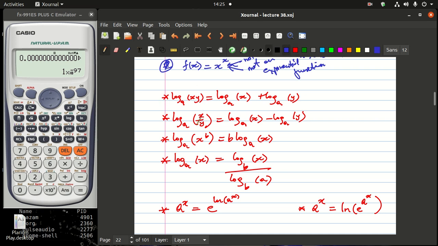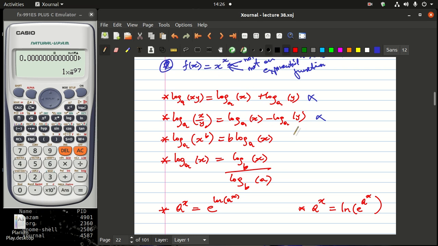Now, if you look into this, we don't have a product of two things here, so we cannot use that. And we don't have a division of two things, so we cannot use that. But if we use this thing here, we can see that we will end up having to take a log on the left hand side and take log on the right hand side, so that I can bring this x down.